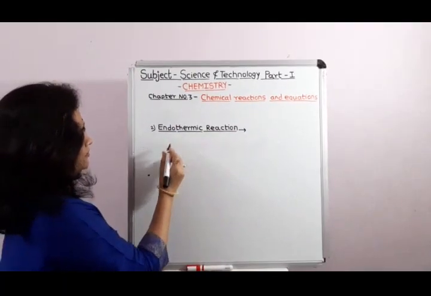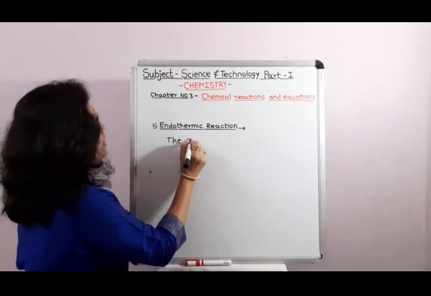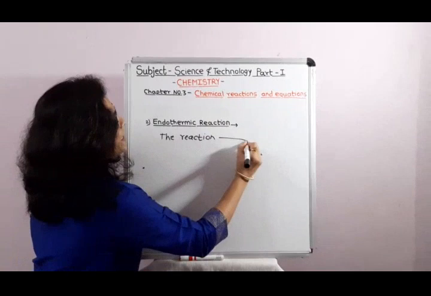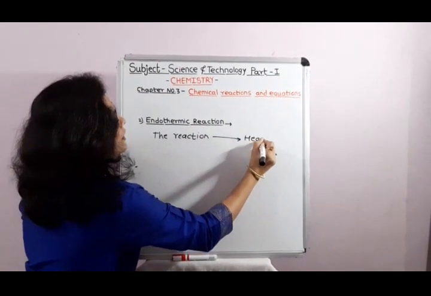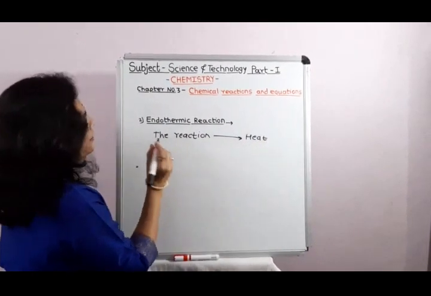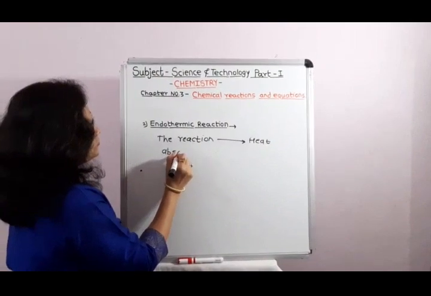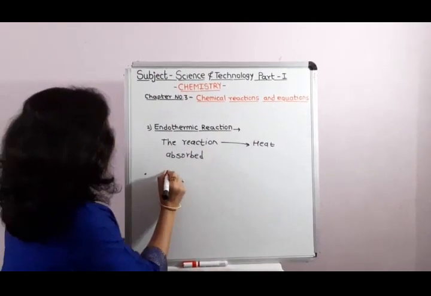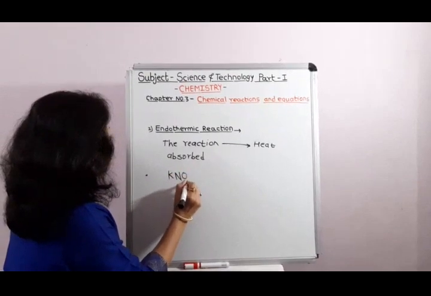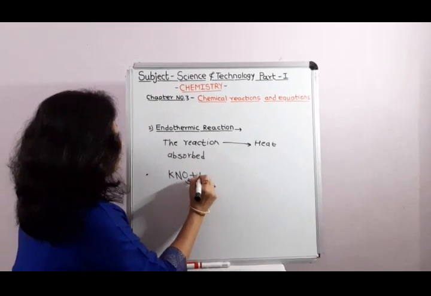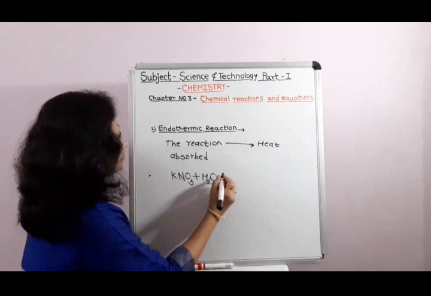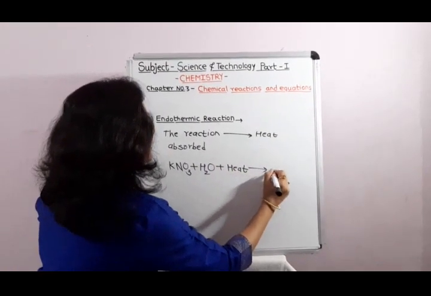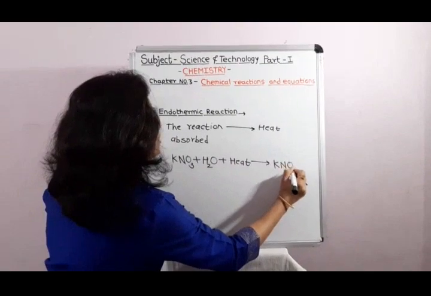Endothermic reaction. The reaction in which heat is absorbed is called an endothermic reaction. For example, potassium nitrate, when dissolved in water, absorbs heat and forms an aqueous solution of potassium nitrate.